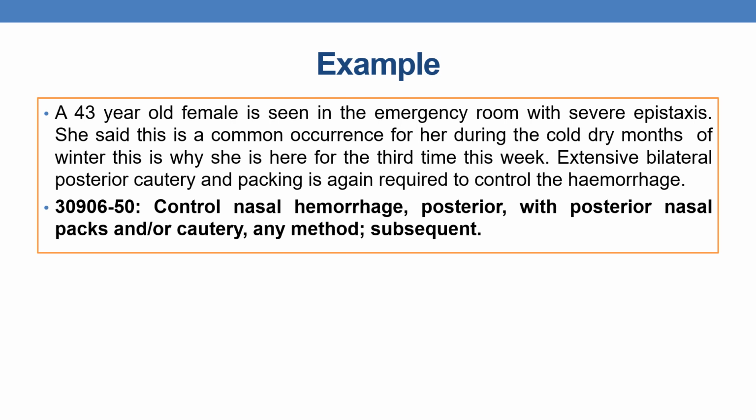So this is a subsequent visit and extensive posterior cautery is required. So the appropriate CPT is 30906 and it is a bilateral procedure along with 50 modifier to indicate bilateral procedure. 30906 indicates control nasal hemorrhage posterior, with posterior nasal packs and or cautery, any method, subsequent. Because this is a subsequent visit, you need to go for subsequent.